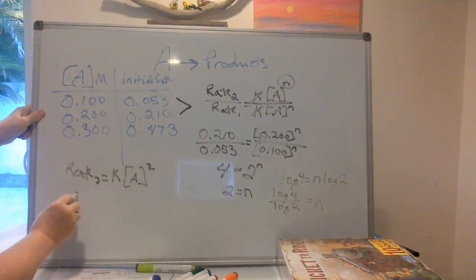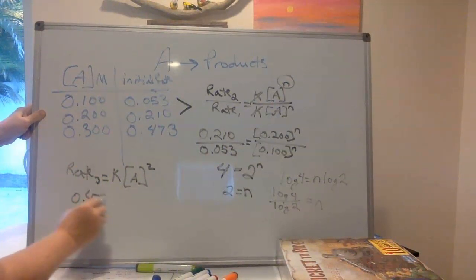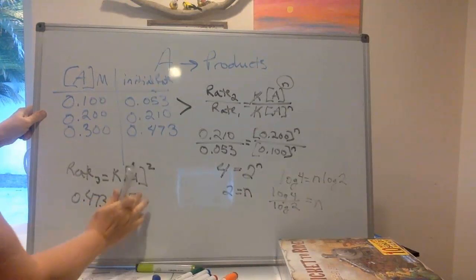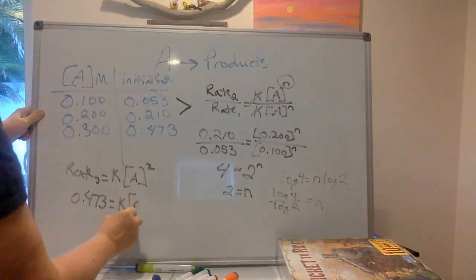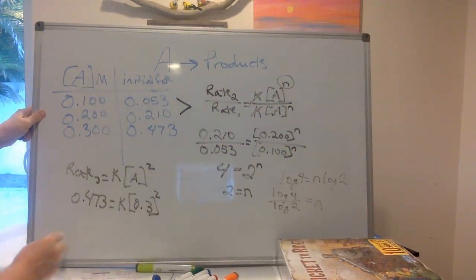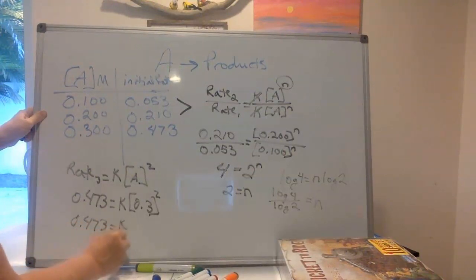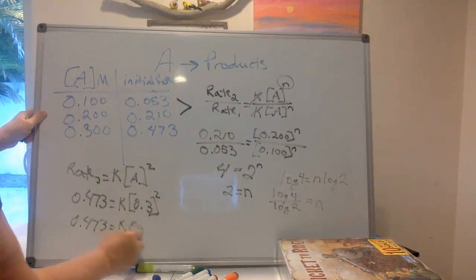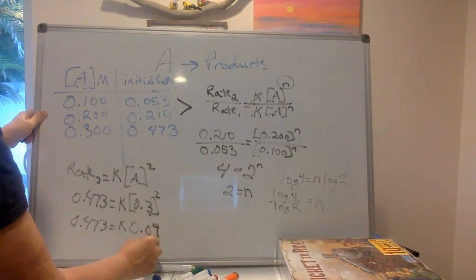So we have 0.473 equals K times [A], which is 0.3, squared. So 0.473 equals K times 0.09.